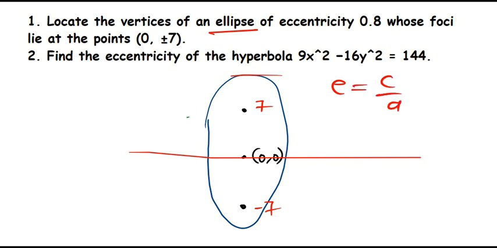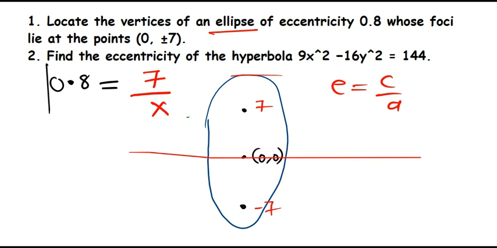Okay, so therefore we've got e is equal to 0.8. Now we're given plus or minus 7, so that 7 is the distance to the foci. So distance to the foci is 7, and then we don't know the distance to what? The distance to the vertex. Okay, this is the way that I actually put it.